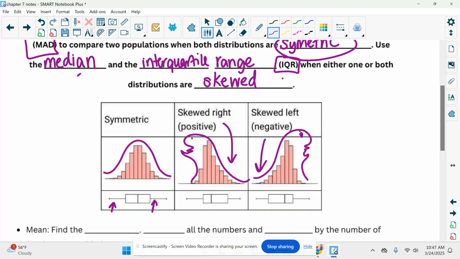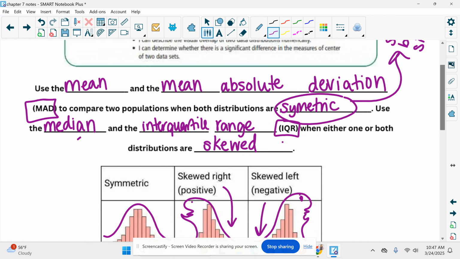What did our notes say? If it's symmetrical, which ones are we going to use? The mean and the MAD if it's symmetrical. If it's skewed, which one are we going to use? Median and IQR. Okay?